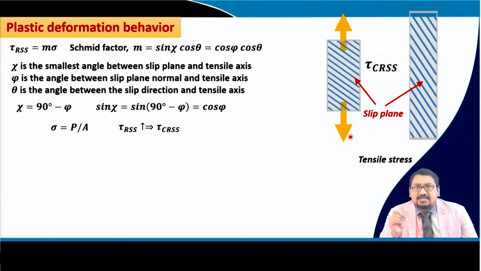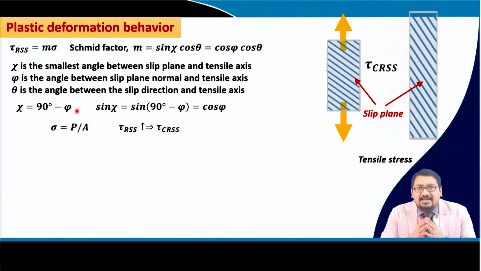Now, Schmid factor is basically related by two angles. The first angle is the zeta angle, which is the smallest angle between the slip plane and the tensile axis. So, the zeta angle is basically equal to 90 degrees minus an angle which is phi. Now, what is phi?